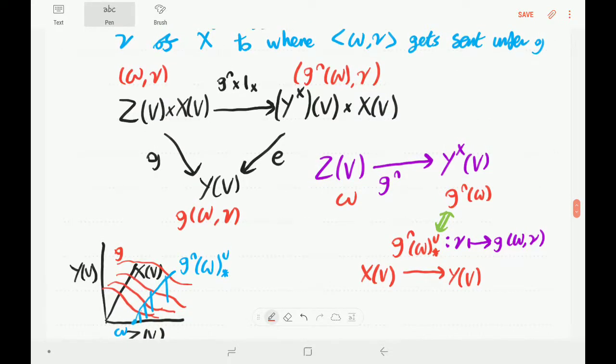So this is a bit more explicit. Given a w comma v over here, that gets mapped to a g of w comma v.